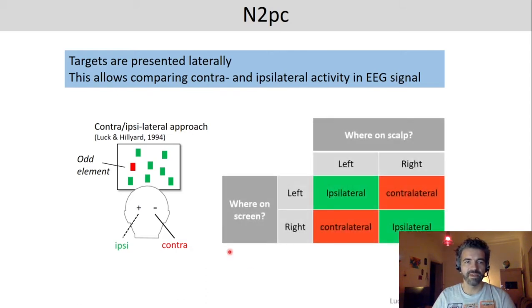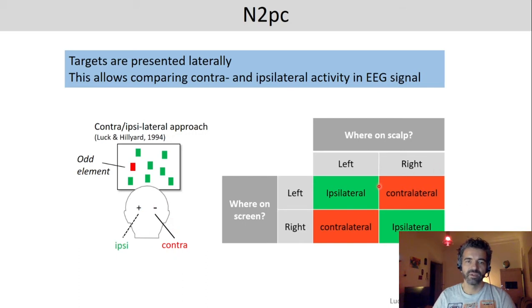So what this means is basically, for example, if you have the odd element, this doesn't necessarily have to be a target if it's the block in which they, for example, look for orientation, but just have a look at this odd element which is presented in the left hemifield here. Then contralateral electrodes would be those electrodes that are in the right hemisphere.